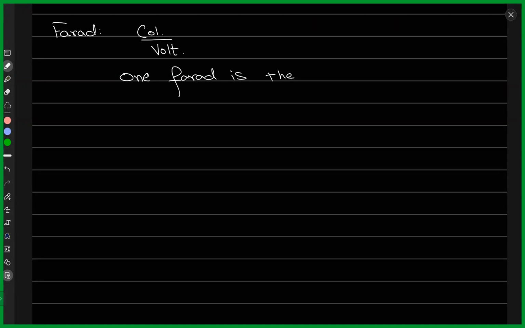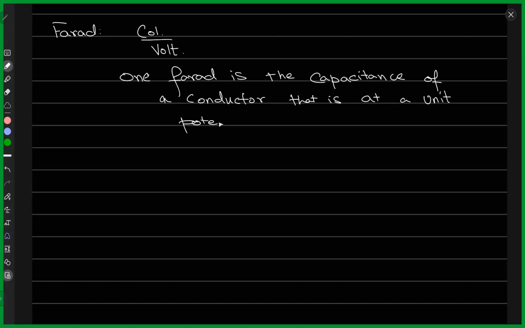So that's how 1 farad is defined, right? So 1 farad is the capacitance of a capacitor that is at a unit potential having unit charge. Right.